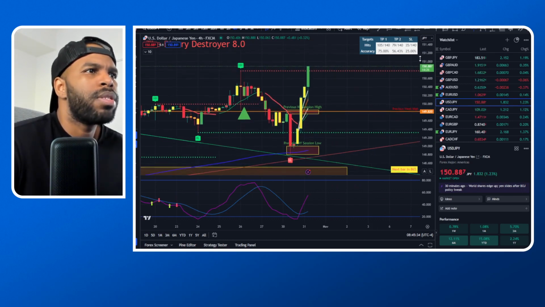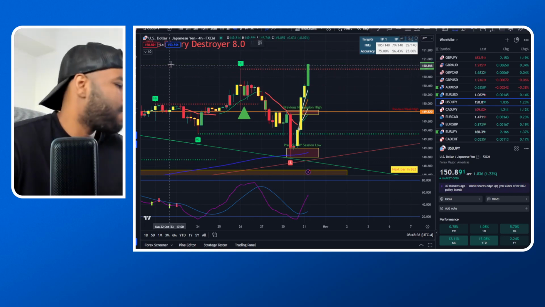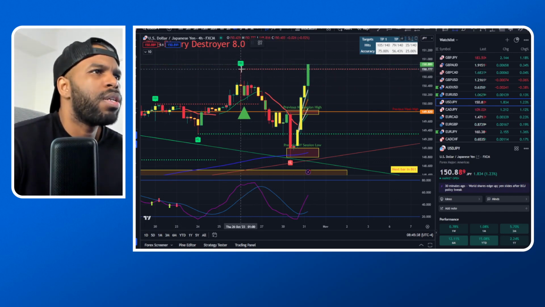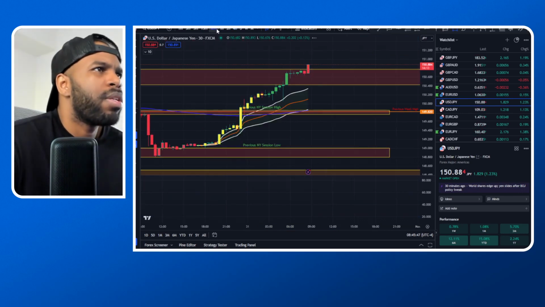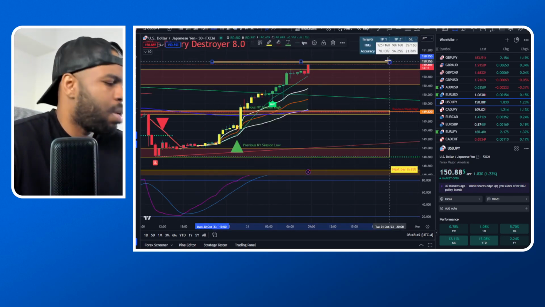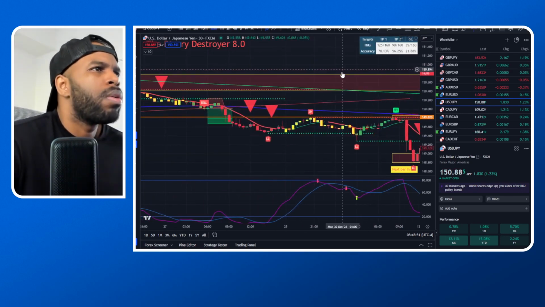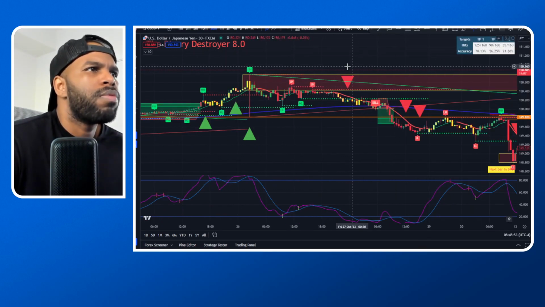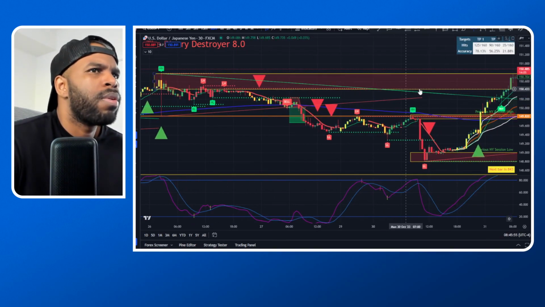So if I'm trading Euro USD, what I'll do is I'll break it down, make the zone a little bit smaller. Let me move this over.